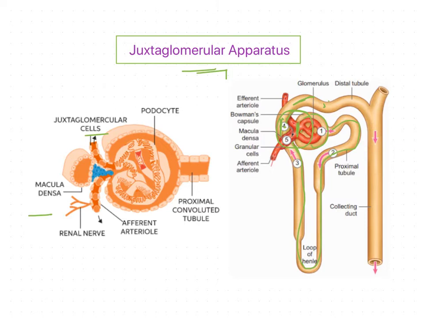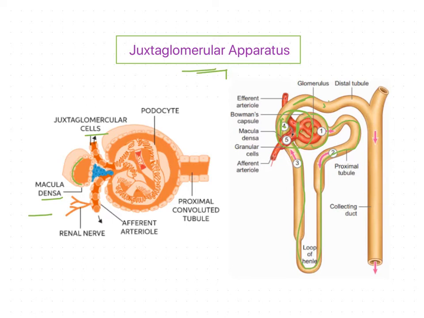If you see the macula densa, this is a histological feature for differentiation. The epithelial cells of the walls of the tubule show a heavy concentration of nuclei, called the macula densa. And the next one is the juxtaglomerular cells.